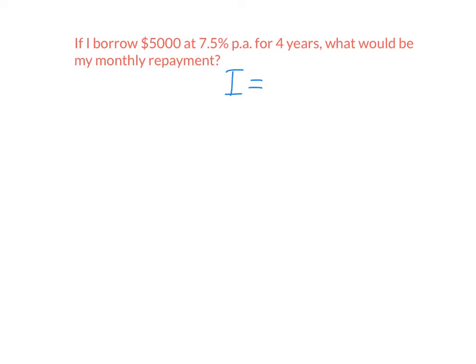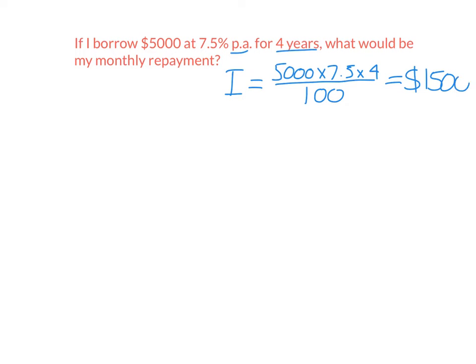So I'm still going to use I equals PRT over 100. So I equals P, how much I start with, times rate times time. I don't need to change T here because T is in years and rate is in years. So it's I equals P times R times T divided by 100, and you should get $1,500.